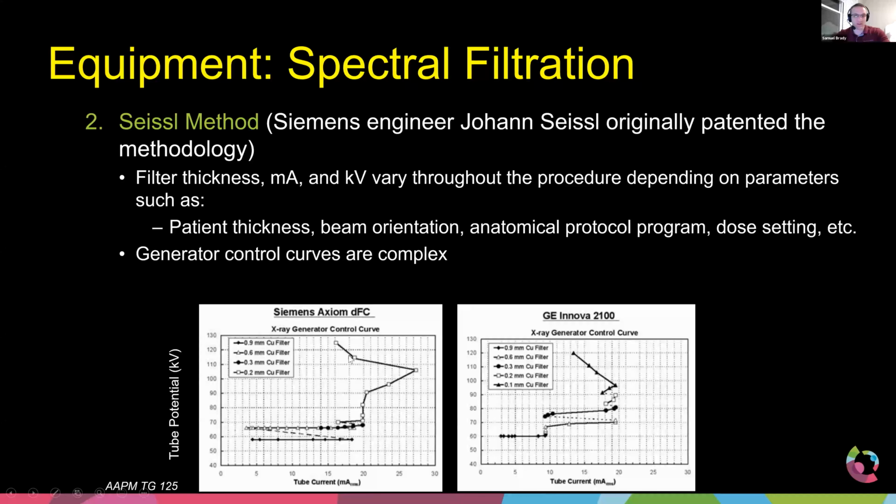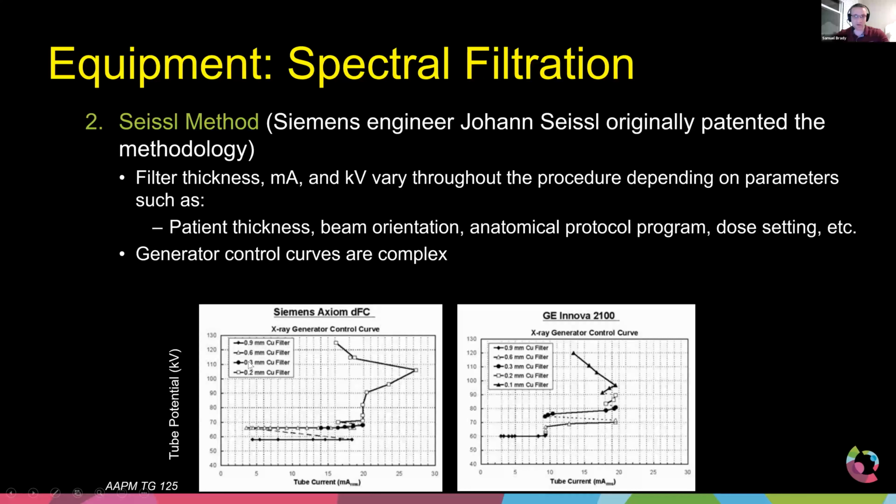So if you look at the different markers, they're different sizes. So you might start here, this hollow square, which is 0.2. You might start with a low amount of filter at a high mA, high kV. And depending on the size of the patient, it'll change. But at some point, it's going to switch and go over here and change filter.